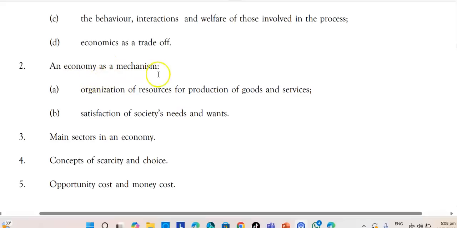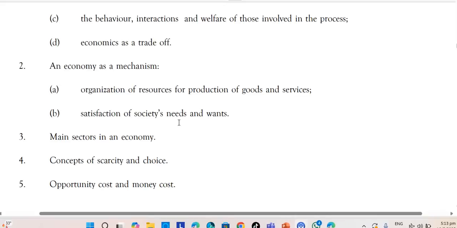The economy as a mechanism also satisfies society's needs and wants. Needs are basic necessities like food, clothing, shelter, and healthcare. Wants are things we desire but can live without. You don't need a phone, you want a phone. You don't need a vacation, you want a vacation.